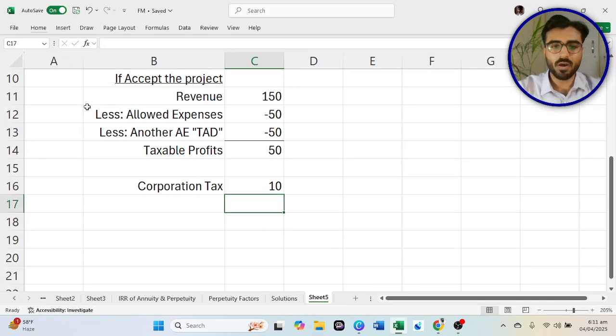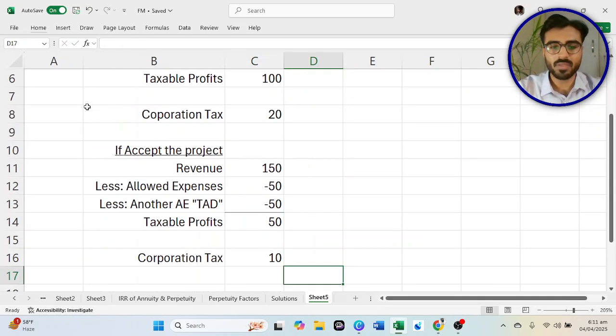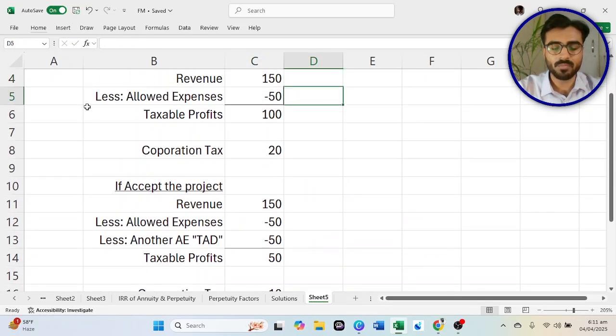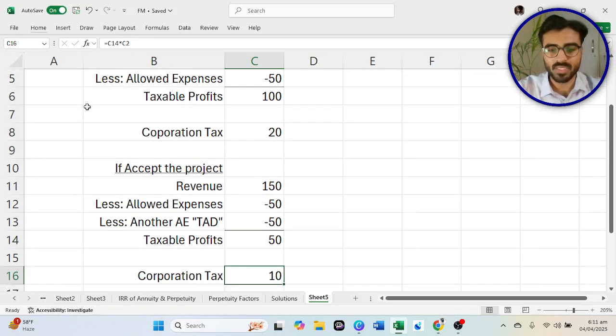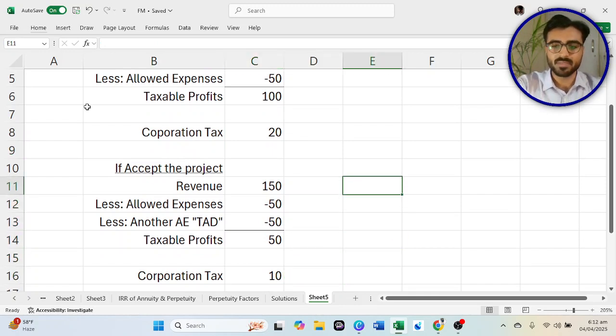So how much tax is reduced? If I do not accept the project, then my corporation tax will be 20, and if the business accepts the project, the corporation tax would be reduced to $10. So what is the tax savings? Tax savings is equal to 20 minus 10.